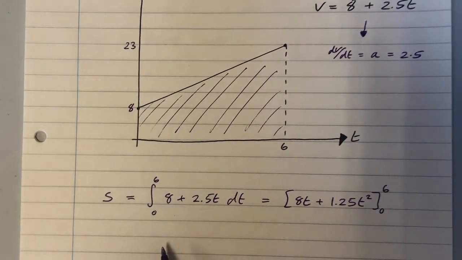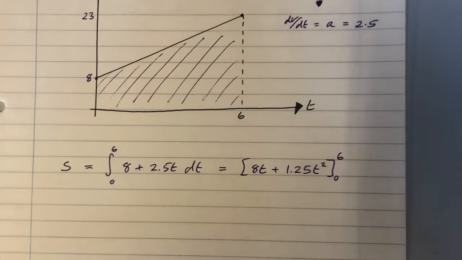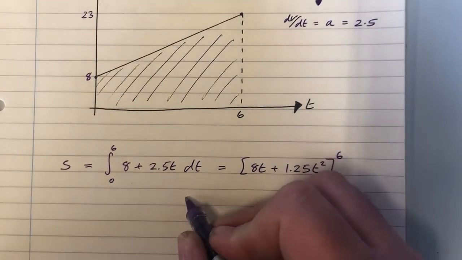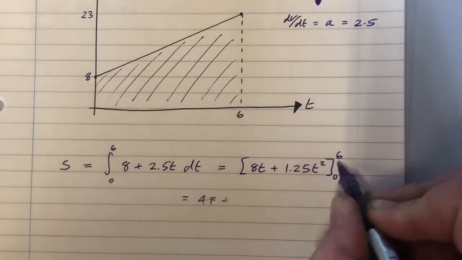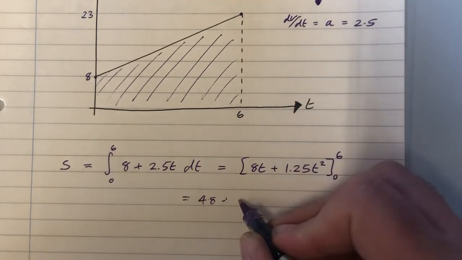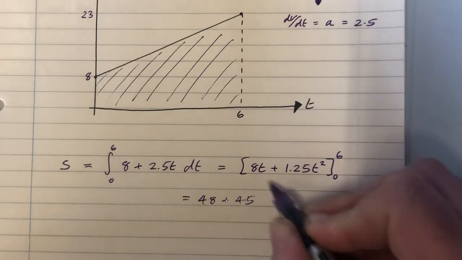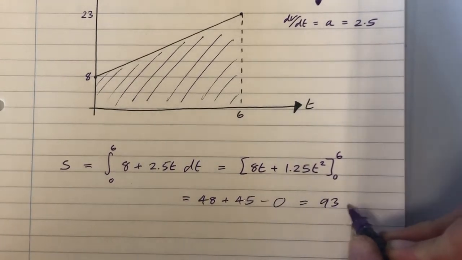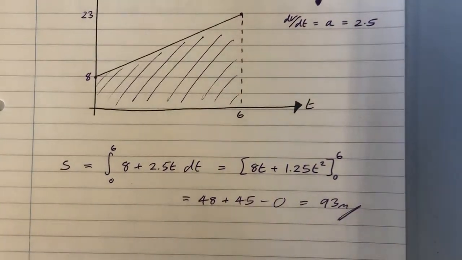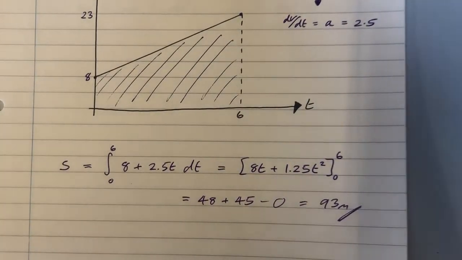So I come out the integration and then I can substitute in my values. That's 8 times 6, which is 48, plus 6 squared is 36, times 1.25 is 45. Plug in the 0, that's going to be 0 in both cases. So that's going to equal 93 meters. So by using calculus, I get the answer of 93 meters.